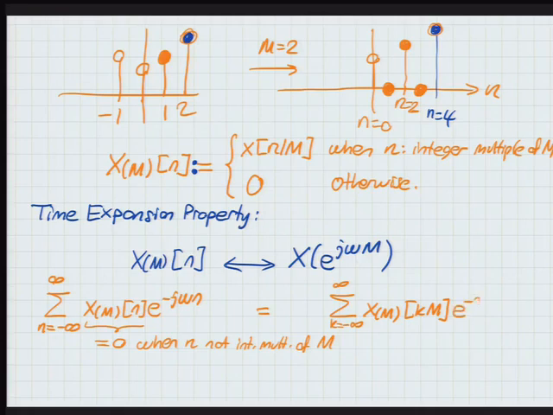And then again, little n is replaced by k M, all right? And I know that, at these integer multiples of M, by definition, x_M of n is the same as this. Okay? So that is the same as, nope, not this. This is the same as x of what? Tell me.